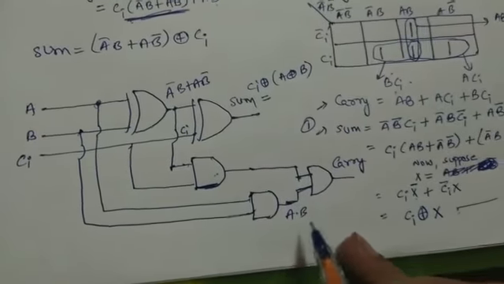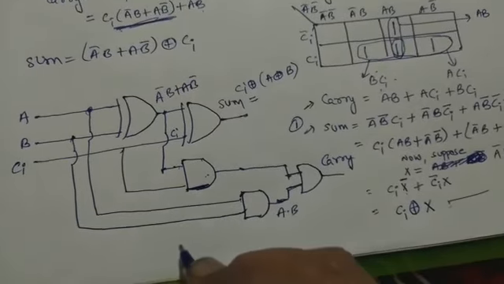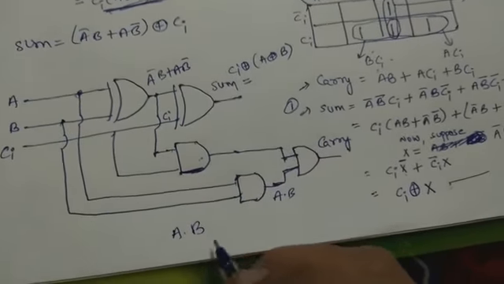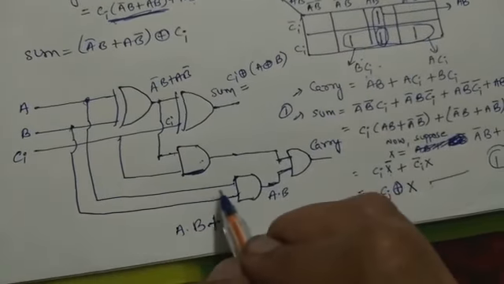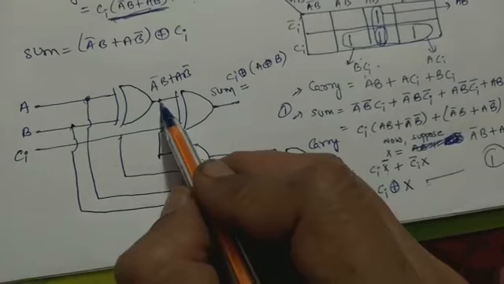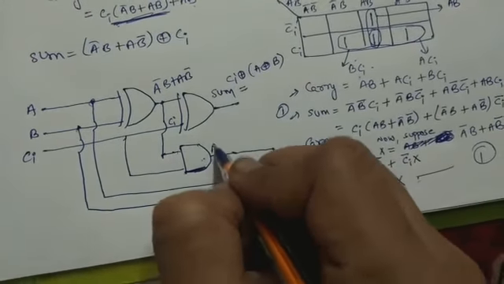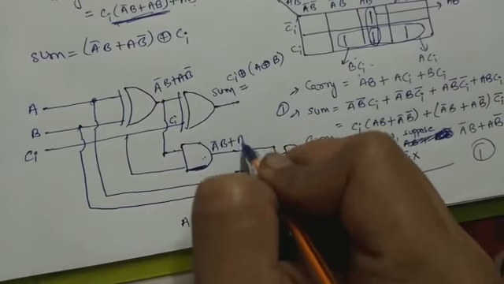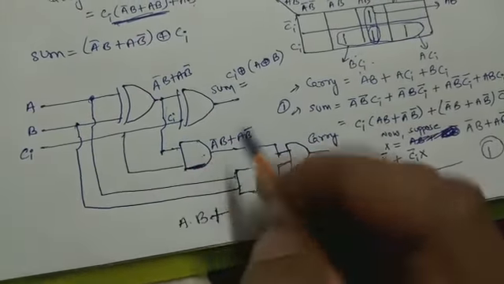And for carry you have this A into B, and this is getting added to this A bar B plus AB bar, and from here is CI.